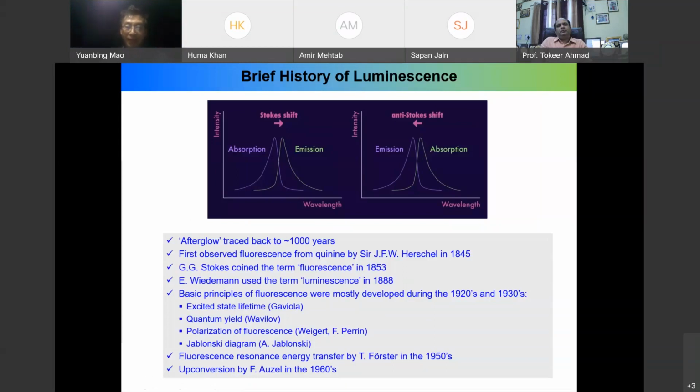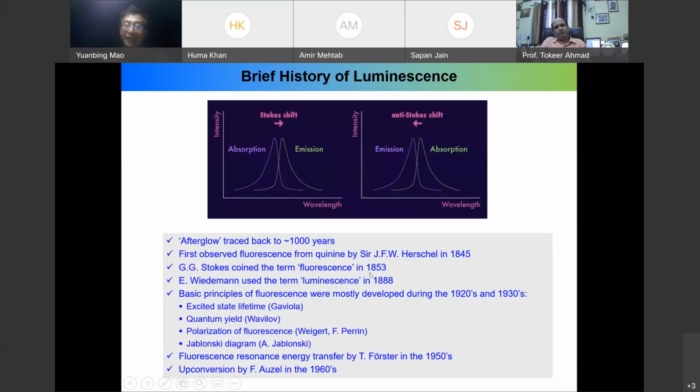And then after a long time, fluorescence was first observed from quinine by Sir Herschel in 1845. That is more from a type of organic compound, right?